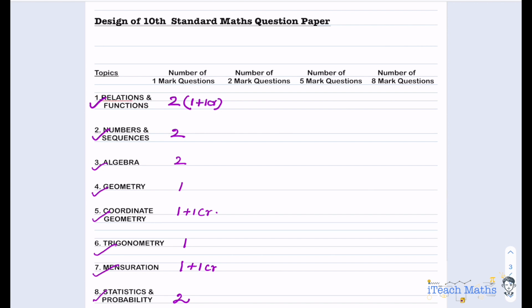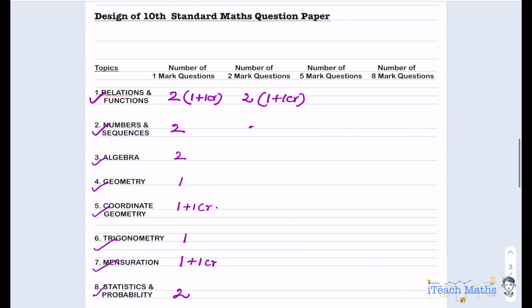Now, let us go into the distribution of 2 mark questions. The first chapter has 2 questions, with 1 from the text and 1 created. The second chapter has 2 from the text. The third one, 3 from the text. The fourth one, 1 from the text.